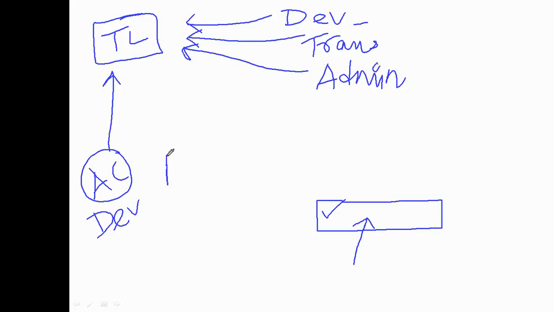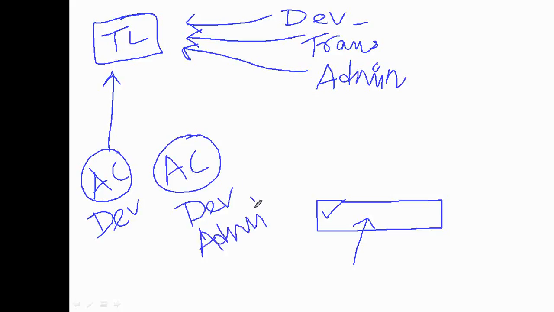Now there is another application consultant who has awareness for both development and administration. So this developer, this user will have both the developer and administration roles. So for this user, for this second user, number 2, the team leader already has other roles being granted.